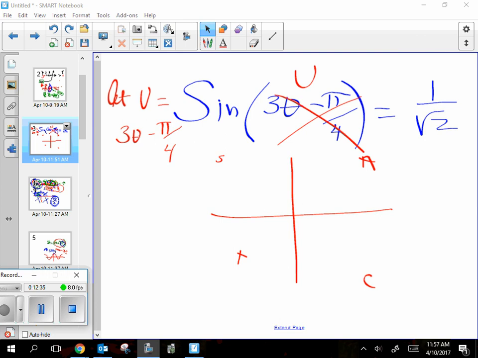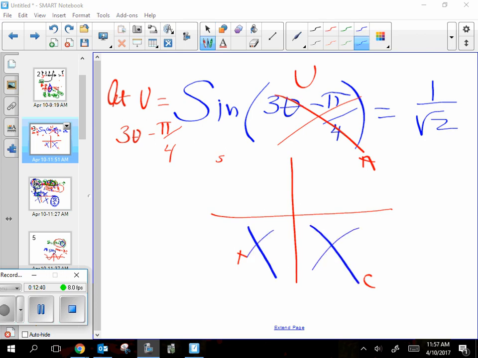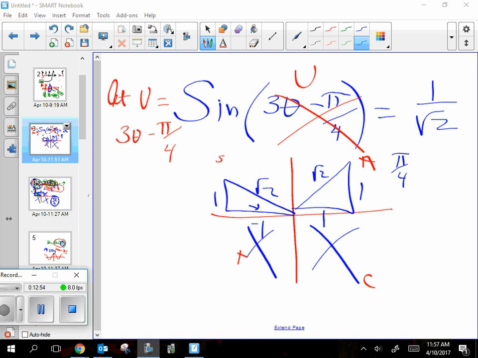Sine is positive in the top part. Opposite hypotenuse, 1 root 2. Cool, I know that one. There we go. There's the two spots, and they are pi over 4 and this other spot right here, which is not pi over 4. It's a bunch of pi over 4s to get there. It is 3 pi over 4.